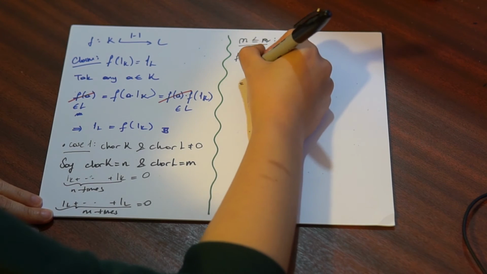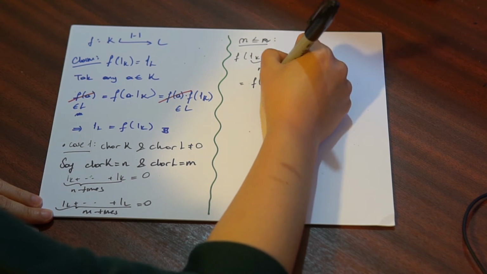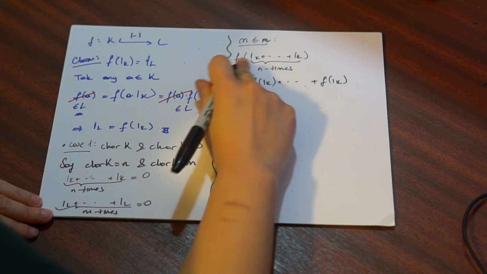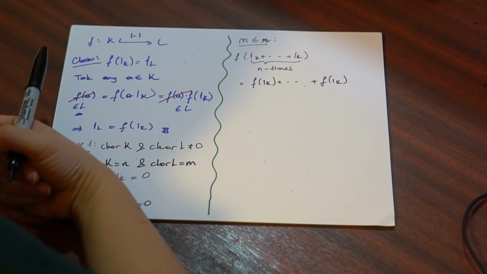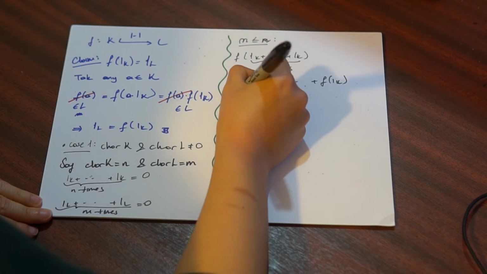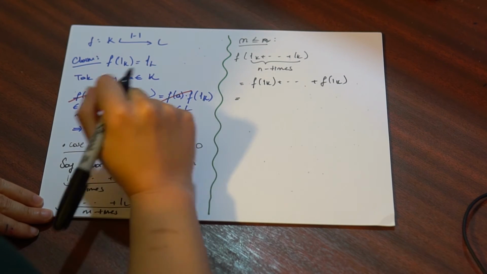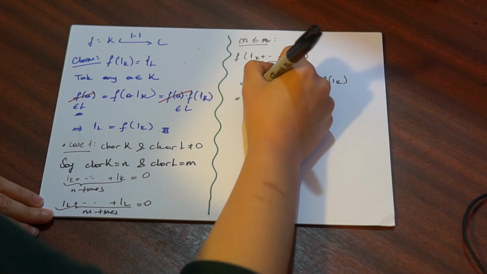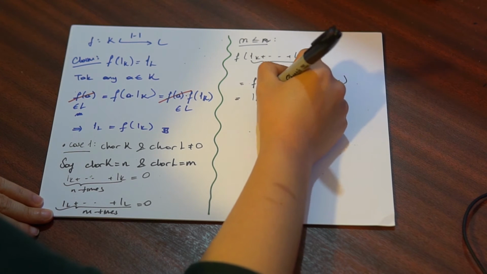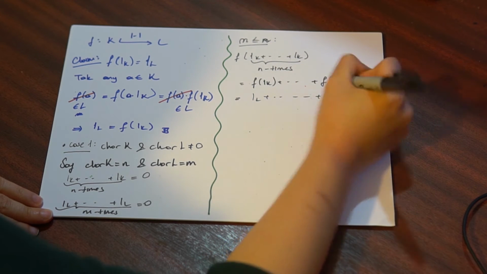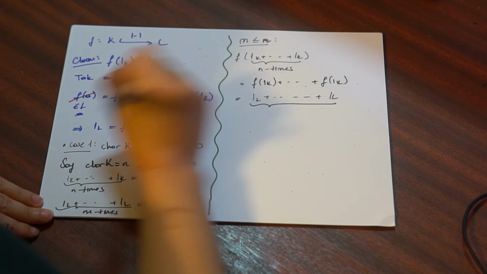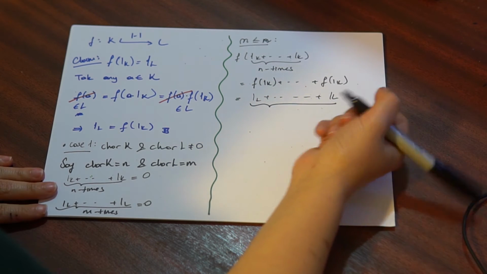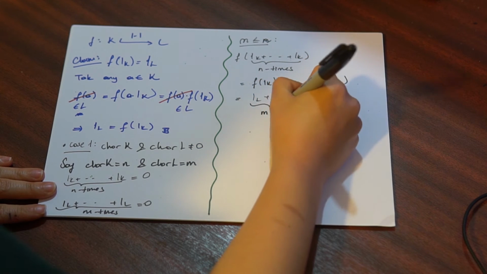This is equal to f of 1_K plus f of 1_K, and so on, since this map is a field homomorphism. From here we proved that 1_L is equal to f of 1_K, so everything is equal to 1_L. So we have the addition of 1_L's n times, equal to 0.